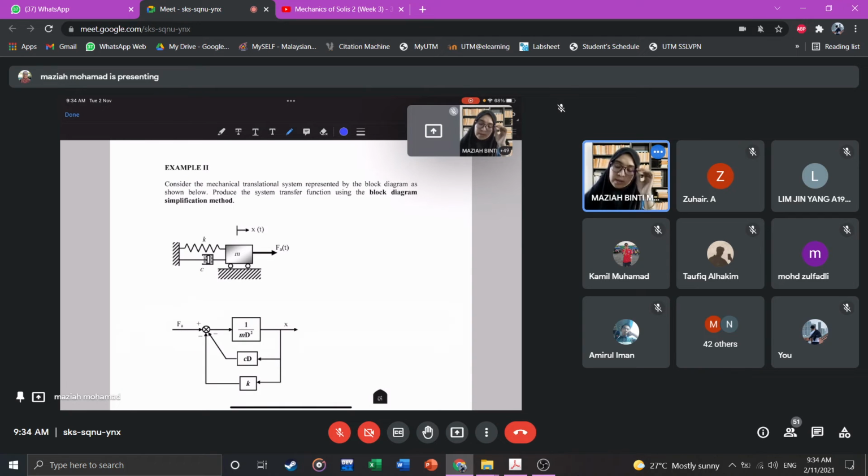So let's do this example here. In this example, it will show you how to use the equation for feedback loop.